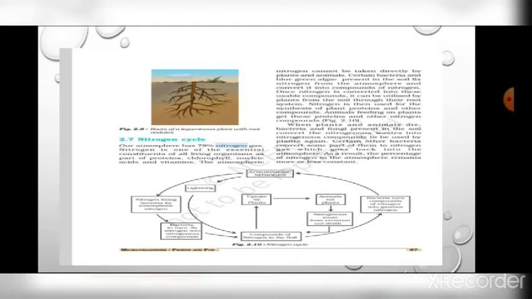Once nitrogen is converted into the usable nitrogenous compound, it is utilized by the plants from the soil through the root system. Nitrogen is then used for the synthesis of plant proteins and for other compounds.